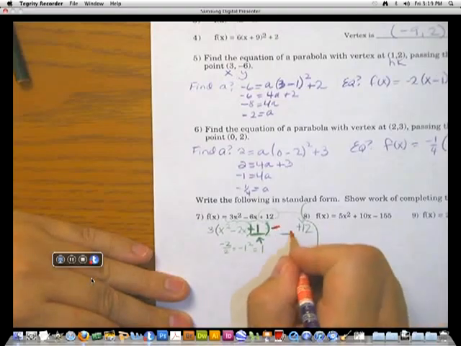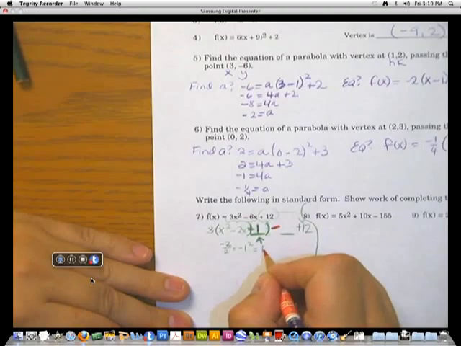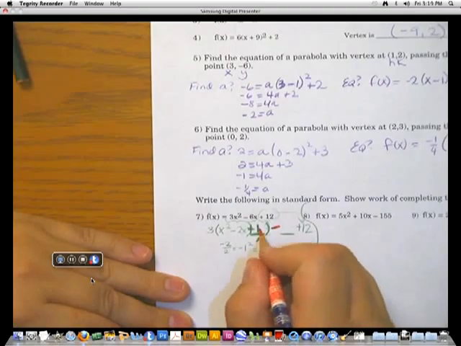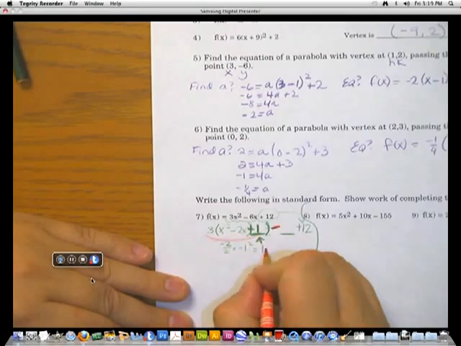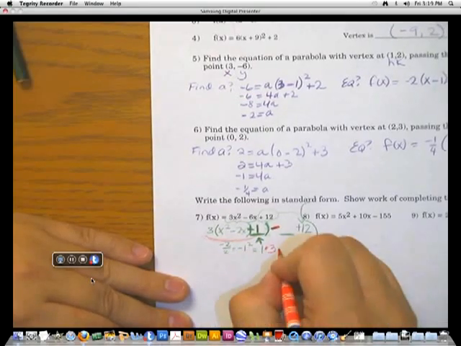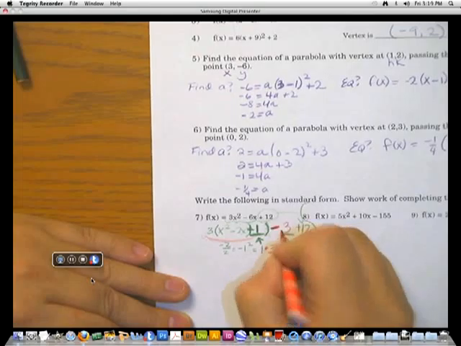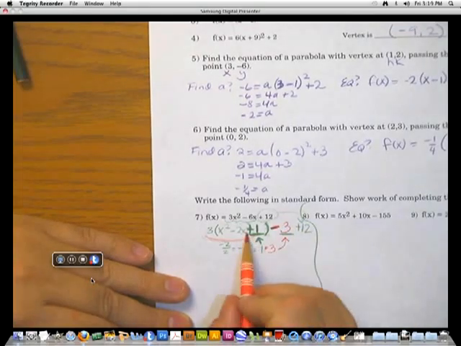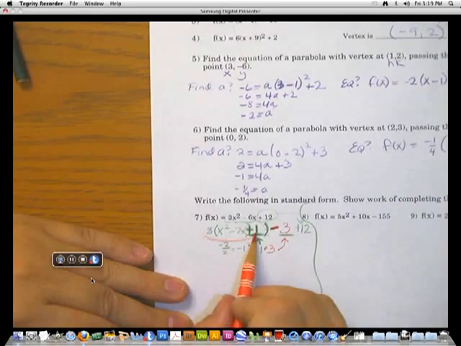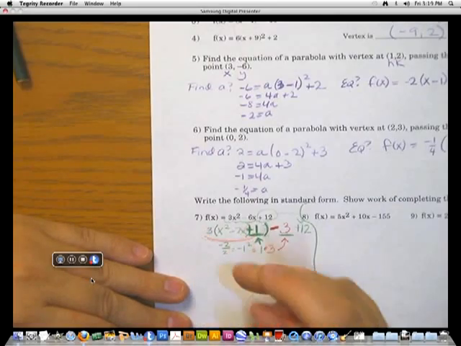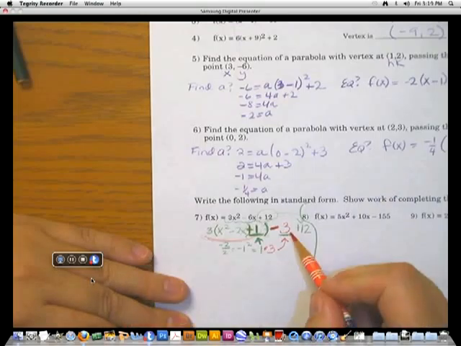Now, we're not going to be subtracting 1 because this 1, even though it's inside, has a 3 on the outside. So we have to multiply it by 3, and that's what's going to go into that space. Because when I added 3 here, and that's technically what it is because if I were to distribute, then to keep the equation even, I would have to subtract 3.